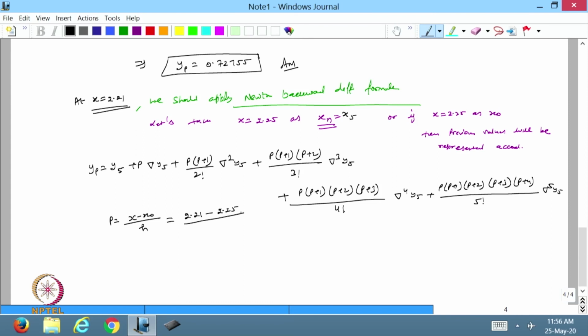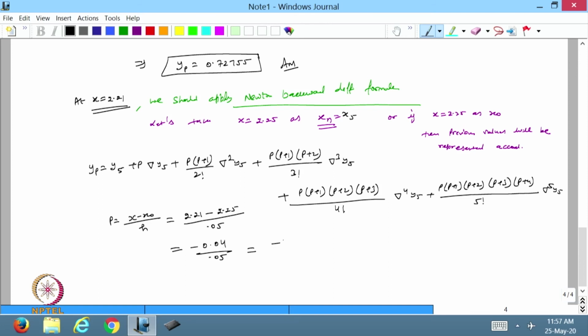That should be clear, the meaning of x naught here is the last value, and h is 0.05. So, in that case this is minus 0.04 divided by 0.05.